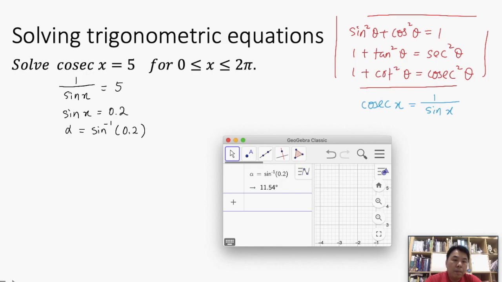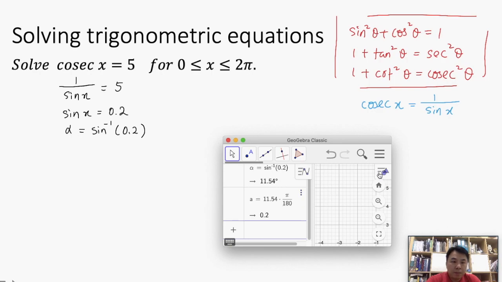If you are using a calculator to compute this, most probably you will end up with 11.54 degrees. If you switch your calculator mode to radian, you will be able to get the angle in terms of radians. Based on my calculator, I need to do a bit of adjustment. As a recap, the way to convert degrees to radians is by multiplying the angle in degrees by pi and then dividing by 180.